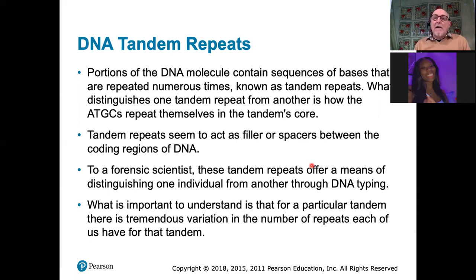You could do that, but that would be very, very tedious. It would be very time-consuming and very expensive to determine the whole human genome for an individual. It would probably be even more time-consuming to then compare that to everybody else.